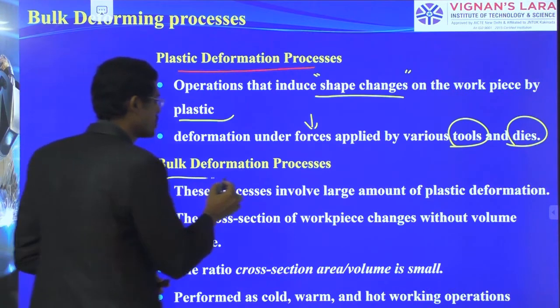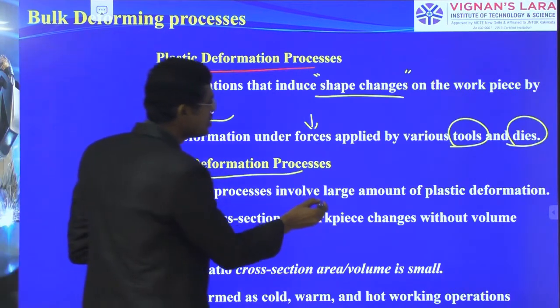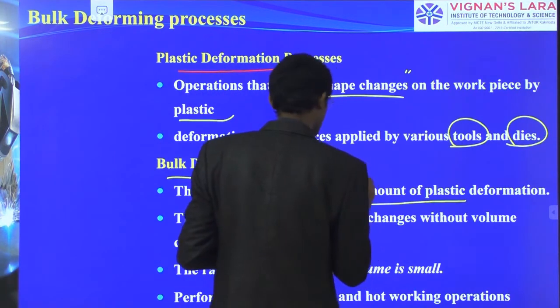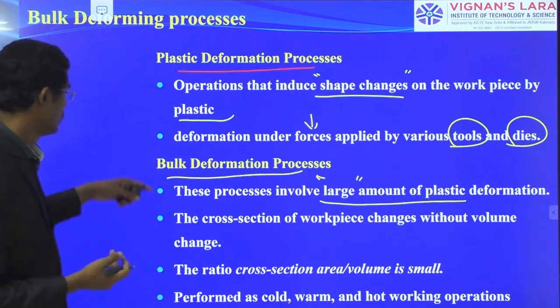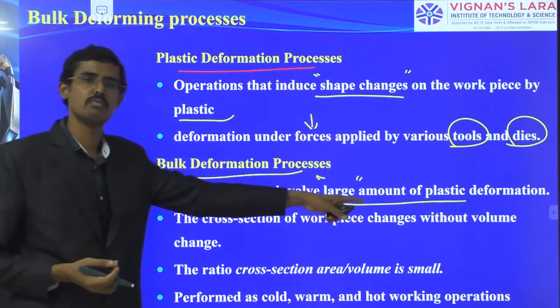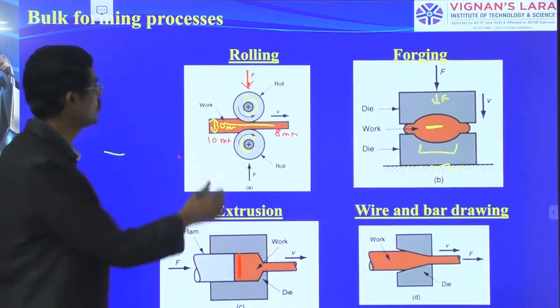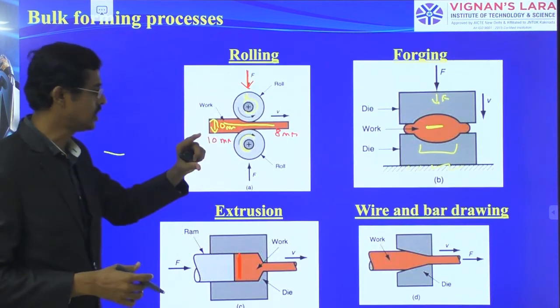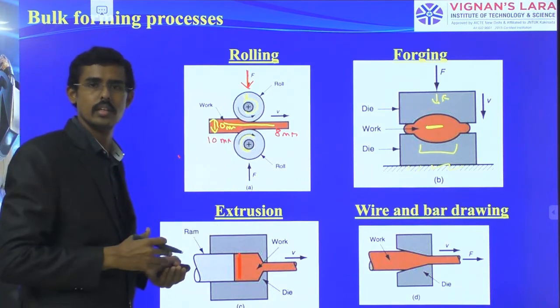So bulk deformation process: this process involves a large amount of plastic deformation. Here we are using the words large amount of plastic deformation. The cross section of the workpiece changes without volume change. 100% of the volume is still here. The thickness we have taken is only compressed, it is not removed.